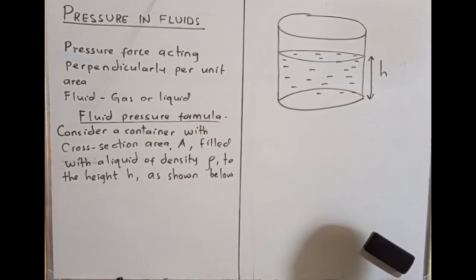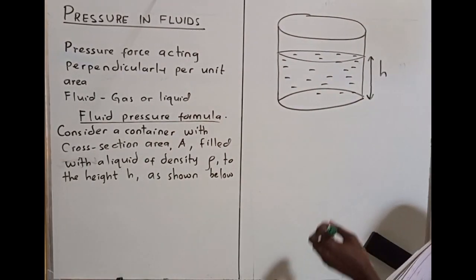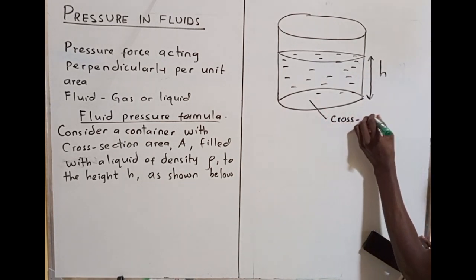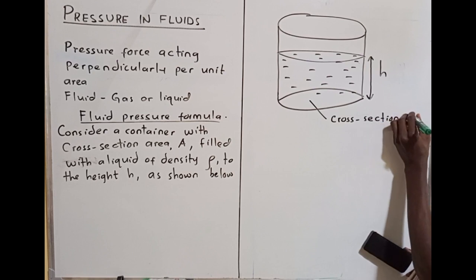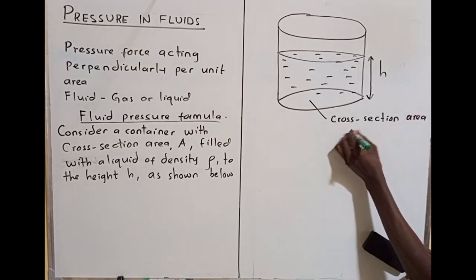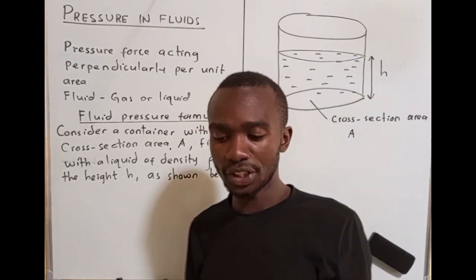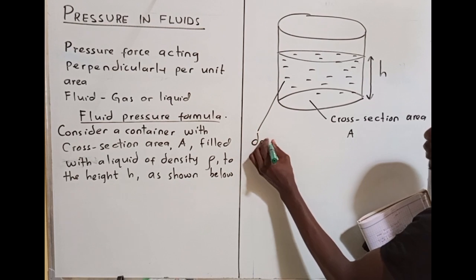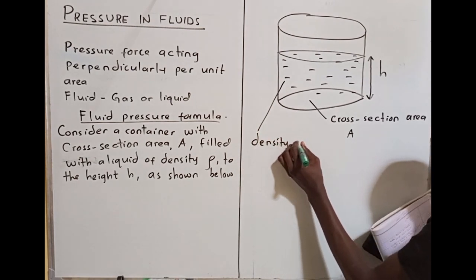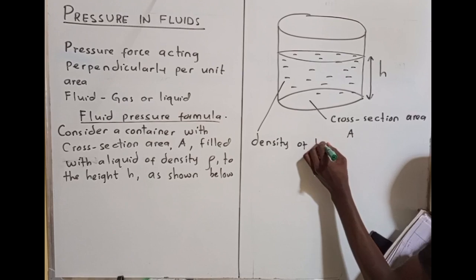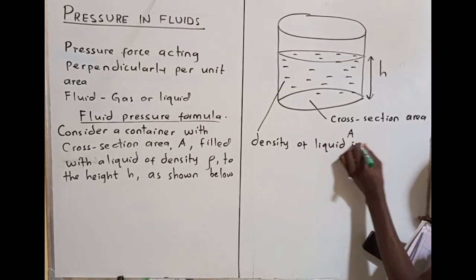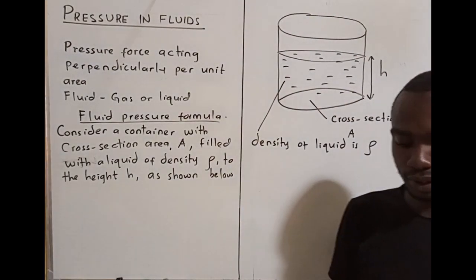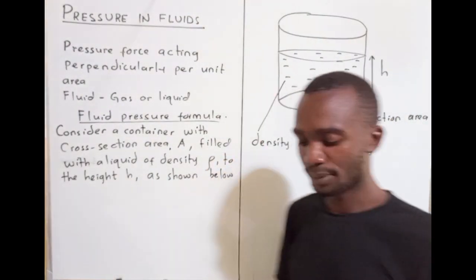Additional information is that the container has a cross-sectional area capital A, and the density of the liquid inside the container is ρ, the Greek symbol for representing density.